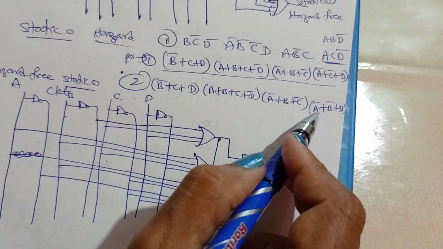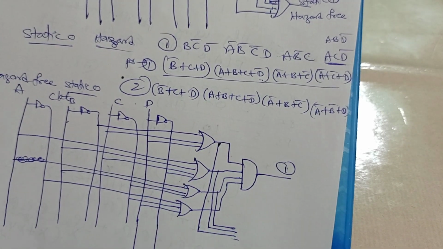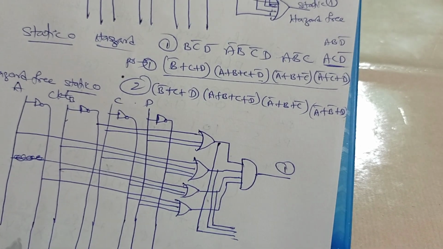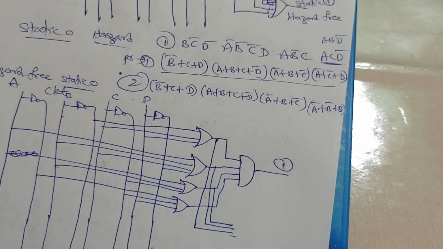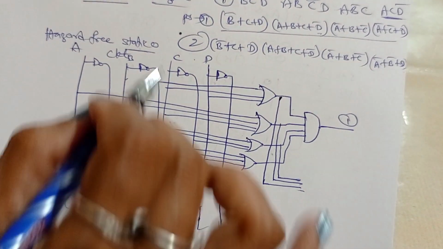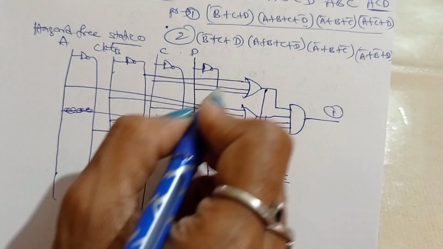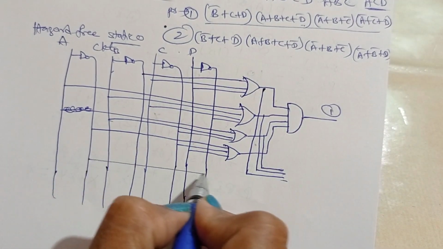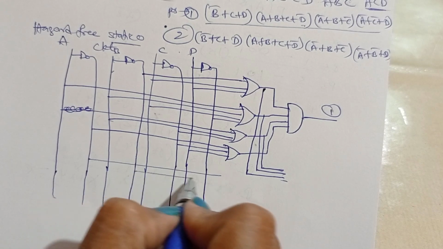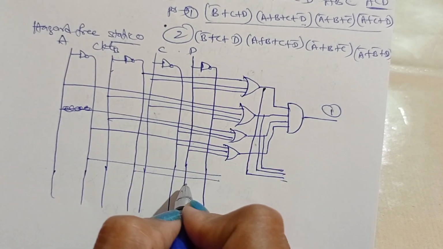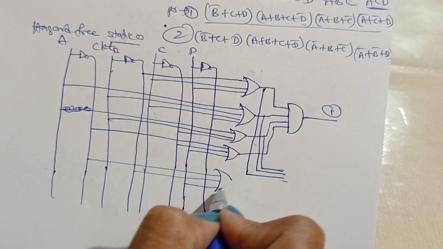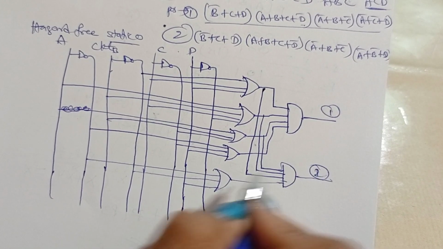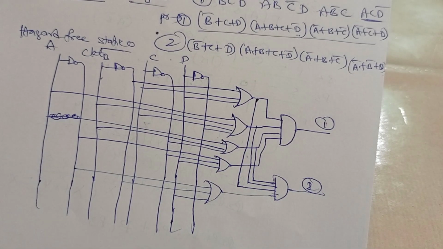And one more term is A bar B bar D. Only one term, A bar B bar D. Actually, we can draw a separate circuit for each and every expression, but for simplification, I am drawing this A bar, B bar, D. Connect it for AND. This becomes the second minimum OR AND circuit.